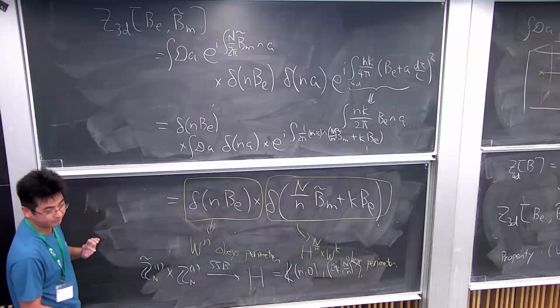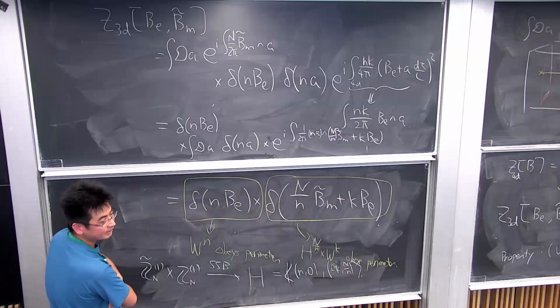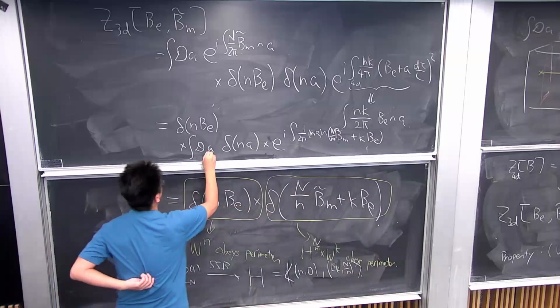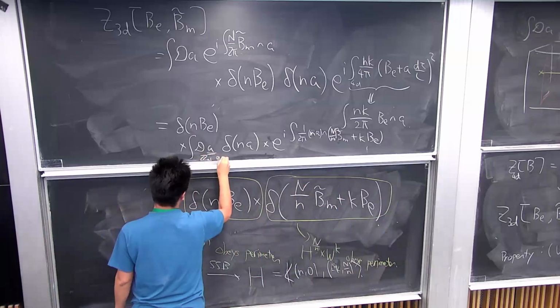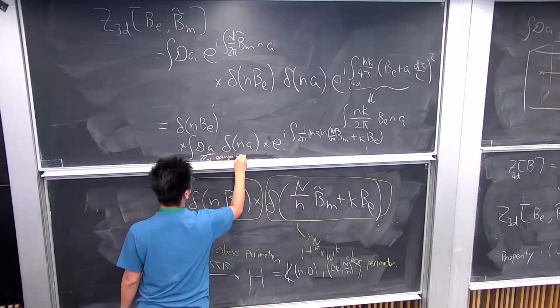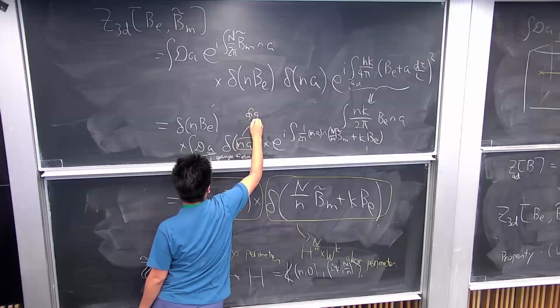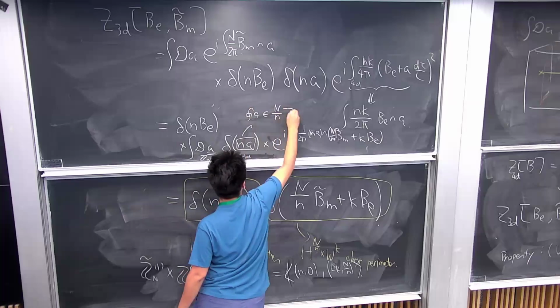Just one question about the formula. There's this integral in dA, delta nA, so nA is 0. And the exponent nA is 0. This A is, I have to say, a capital N gauge field. So basically this says that the integration of A along some one-cycle should be n over N times an integer.